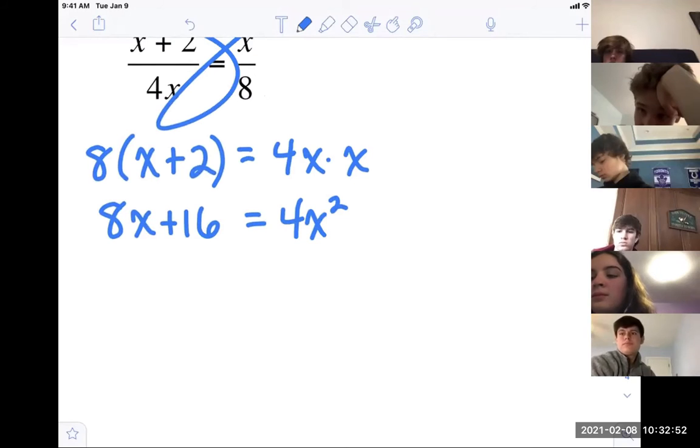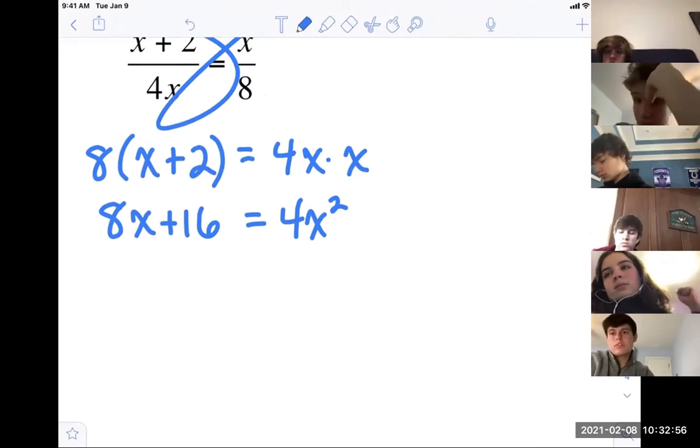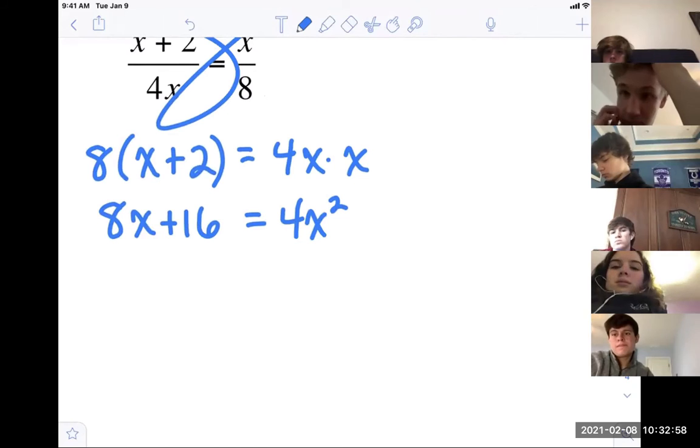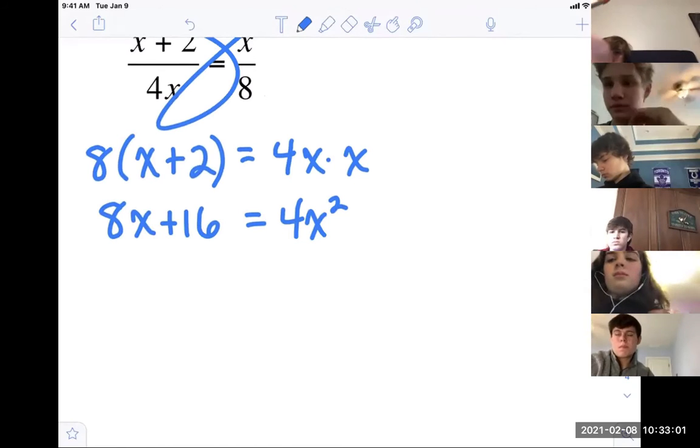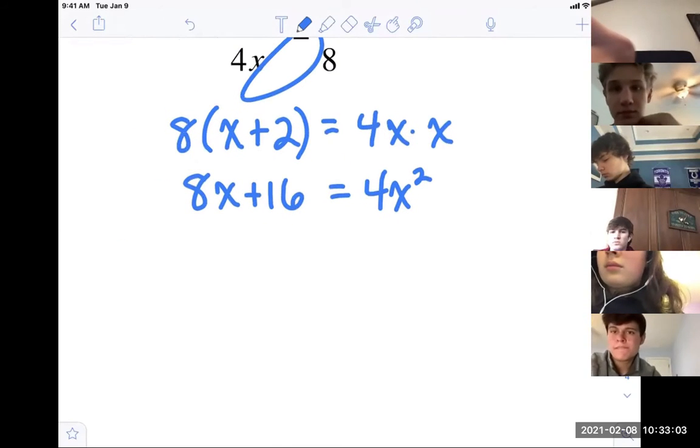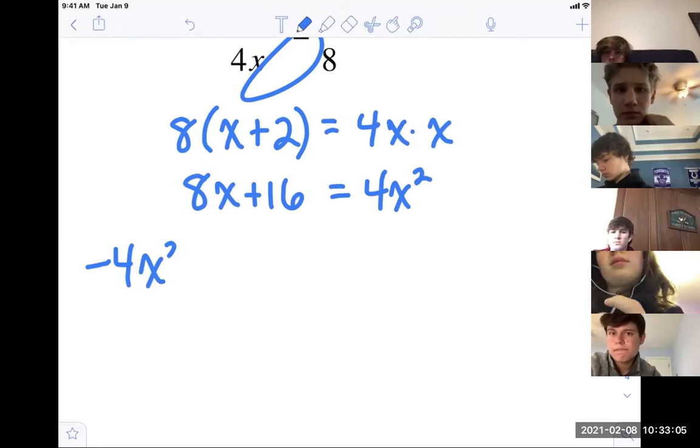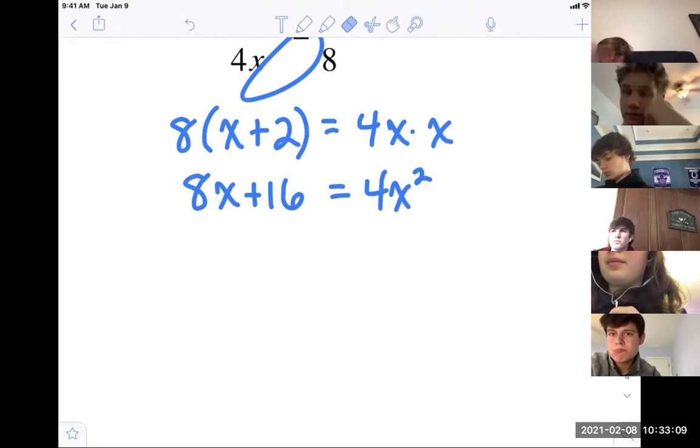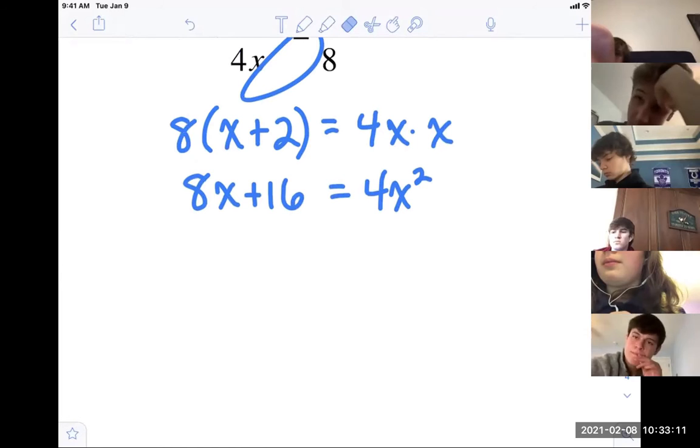I would subtract the first side by 4x squared. Okay, there's nothing wrong with making this negative 4x squared. It's kind of a common thing to leave the number in front of the x squared positive.